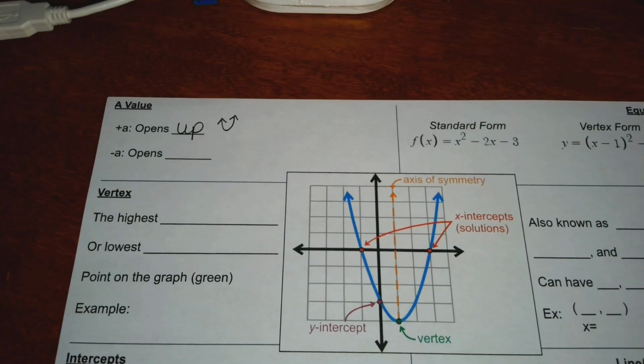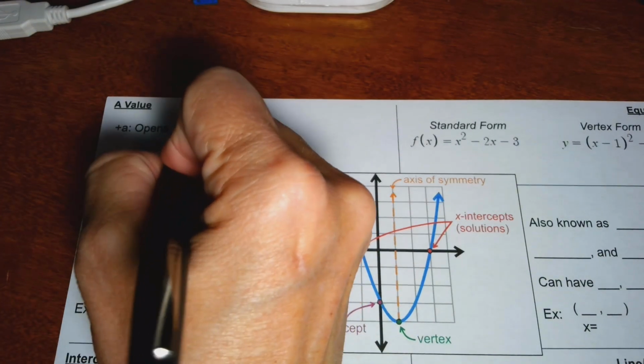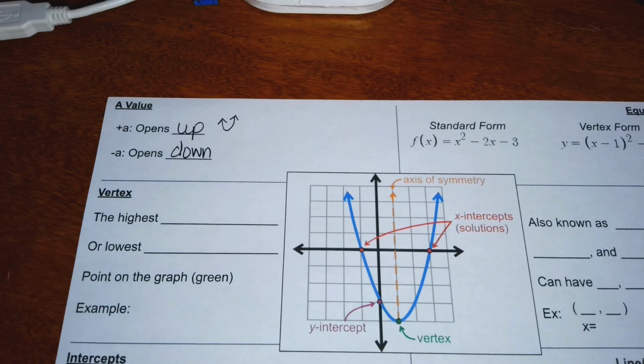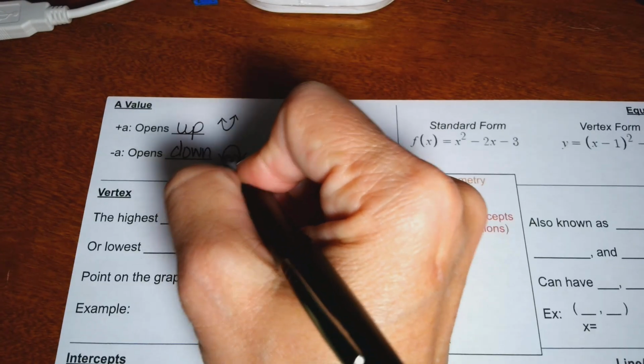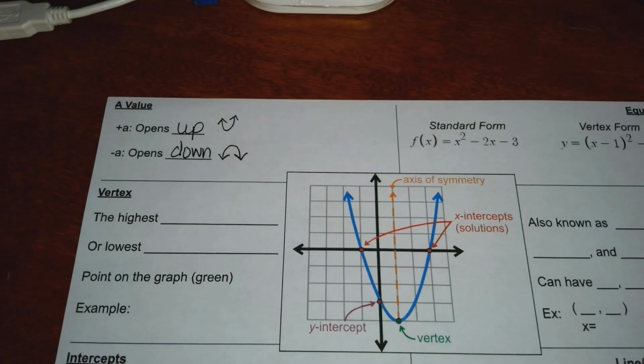Sometimes it's narrow, sometimes it's wider, but it's always going to be a parabola that opens up. Okay? All right, then if the a is negative, that means it's going to open down. And it's going to look something like this right here.